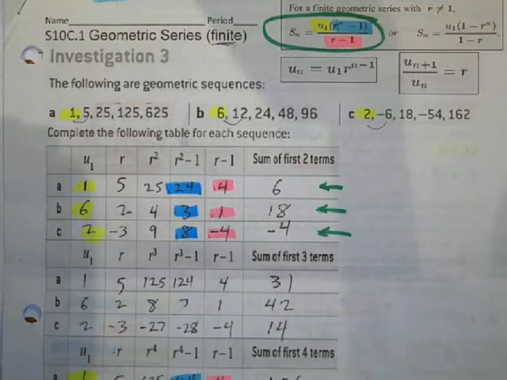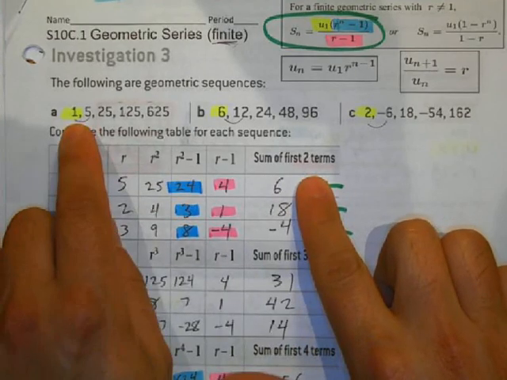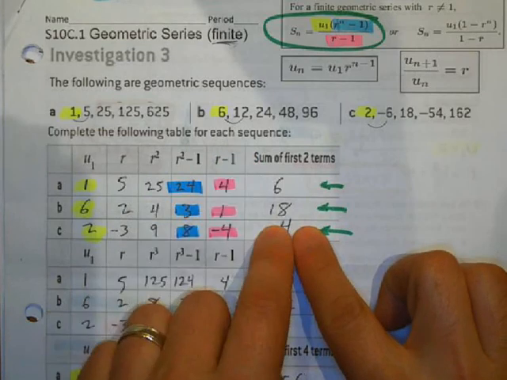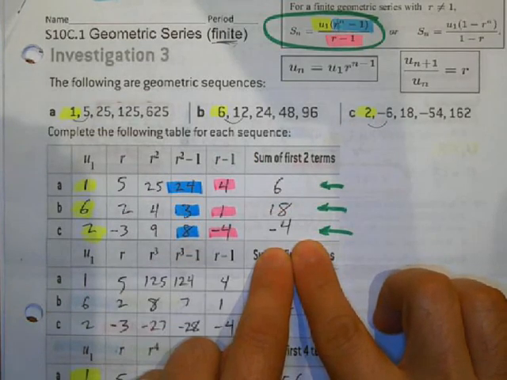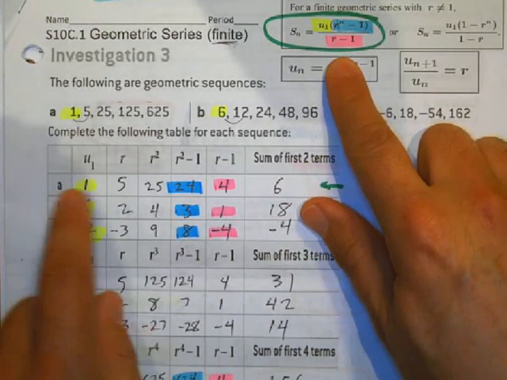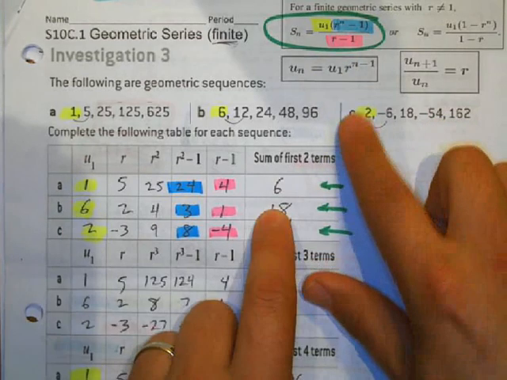And if I simply add the first two terms, 1 plus 5 gets me 6, 6 plus 12 gives me 18, and 2 plus negative 6 gives me negative 4. What we're going to find is that this formula works no matter how many things we're adding up together. Let's see if this formula works when we add two terms.